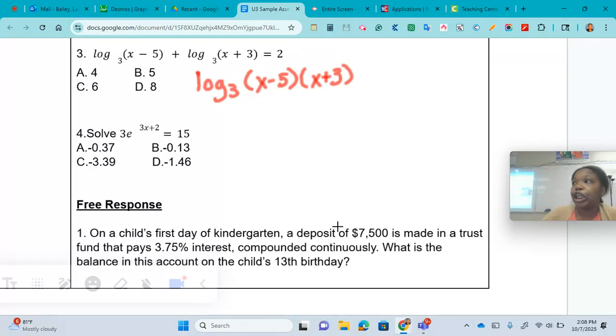Distributive. So x times x is x squared. X times 3 is 3x. Negative 5 times x is negative 5x. Negative 5 times 3 is negative 15.